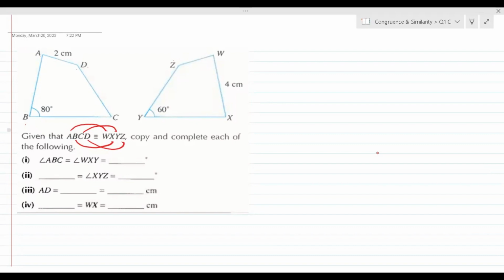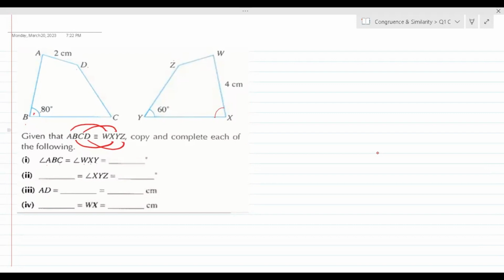The question is telling you angle ABC is the same as angle WXY. So ABC, which is 80 degrees, and angle WXY, which is this angle. The question has already told you that these two angles are equal.